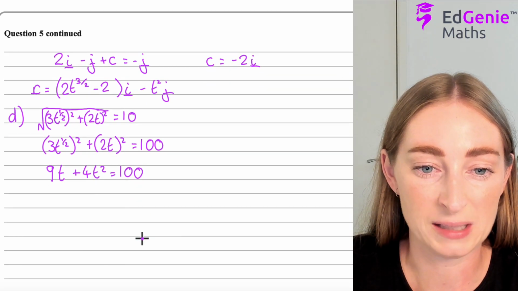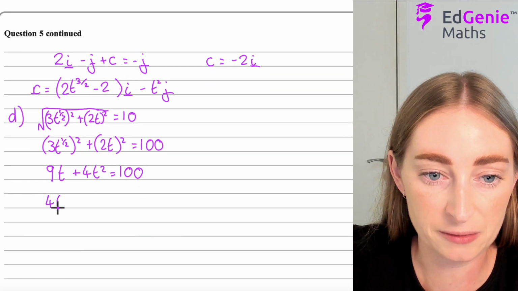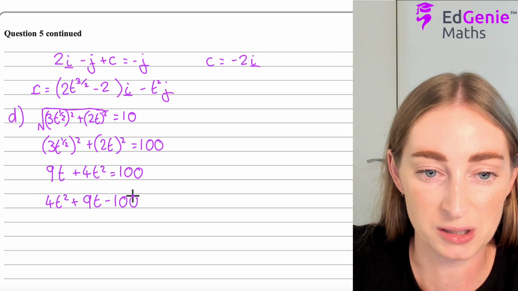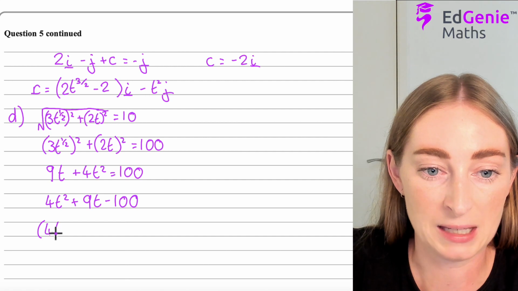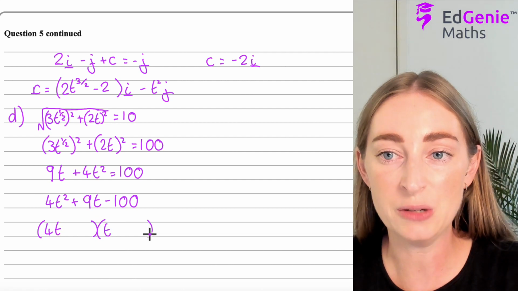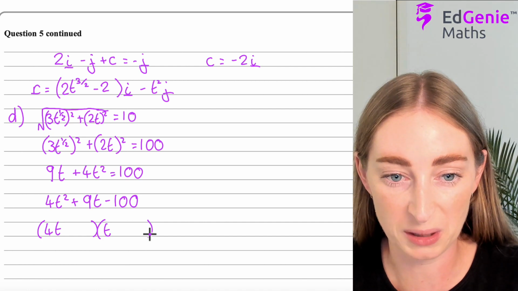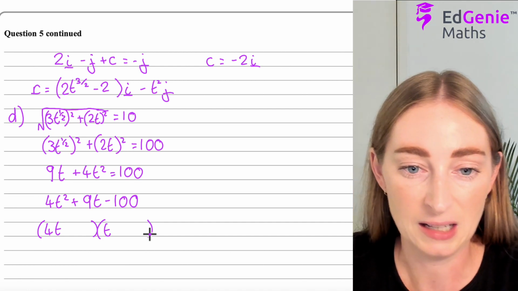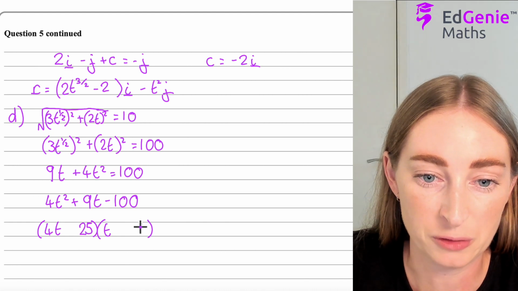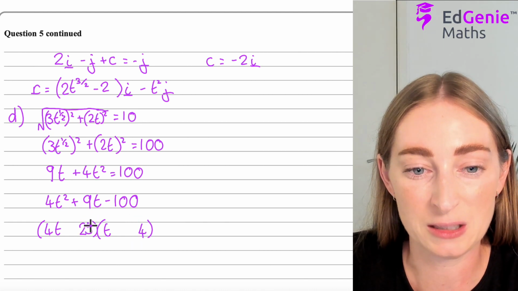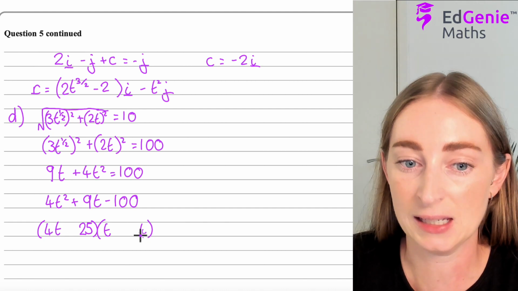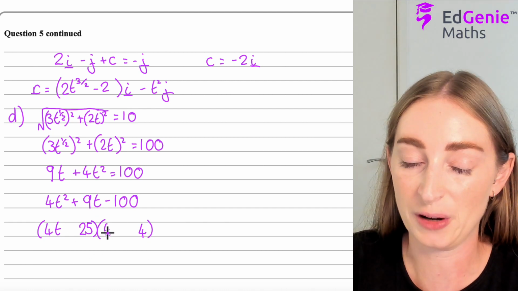So we've got a quadratic. Let's rewrite this as 4t squared plus 9t minus 100. And we can actually factorise this. But if you want to use the quadratic formula, that's absolutely fine. Either way is going to be good. So if I do 25 here and 4 here, they will make 100. 4 times 4 is going to be 16, so 16t, and then 25t.